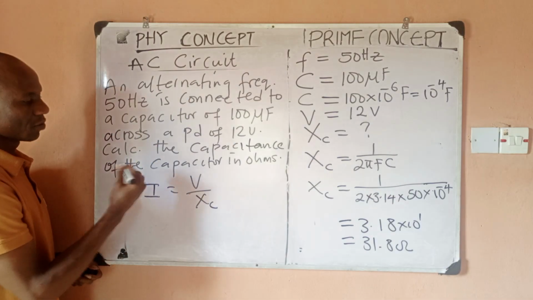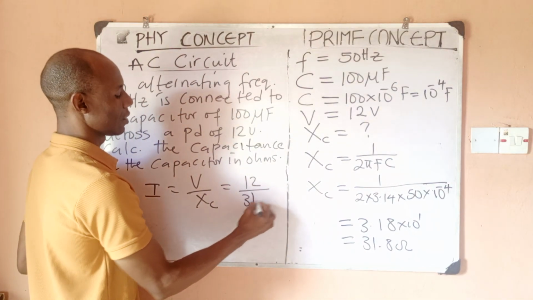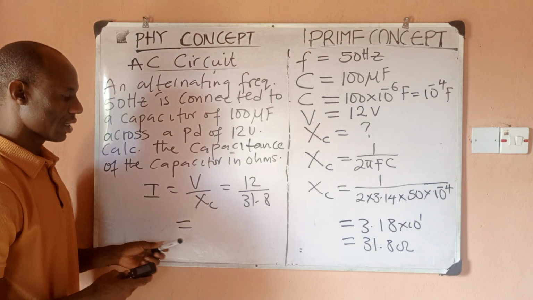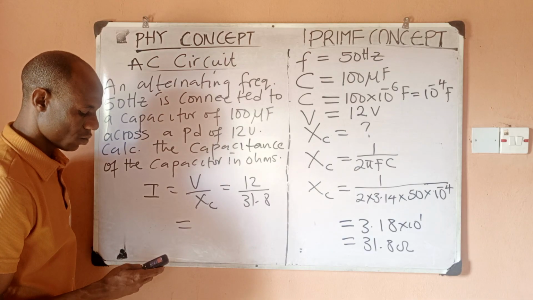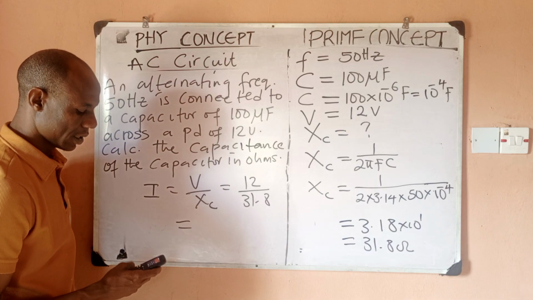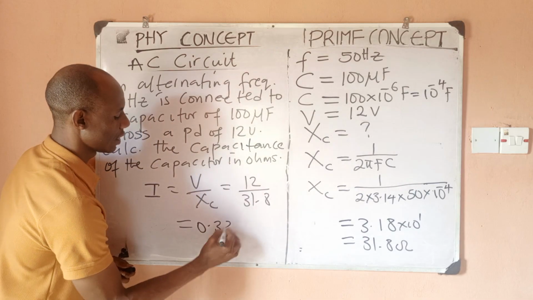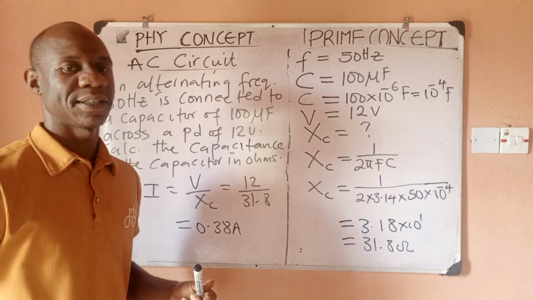So you want to find current, you just say 12 divided by 31.8. So with this, you can get the current as an extra quantity. 12 divided by 31.8 would give us 0.38 ampere. So I believe that this whole concept we've analyzed is very clear to you.